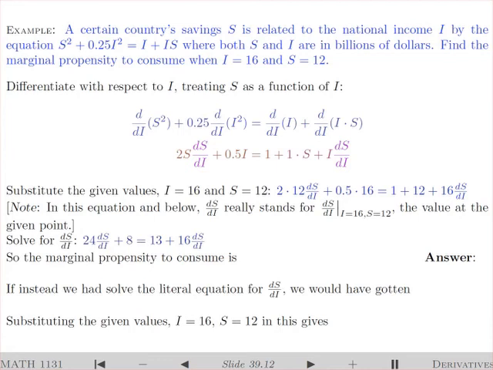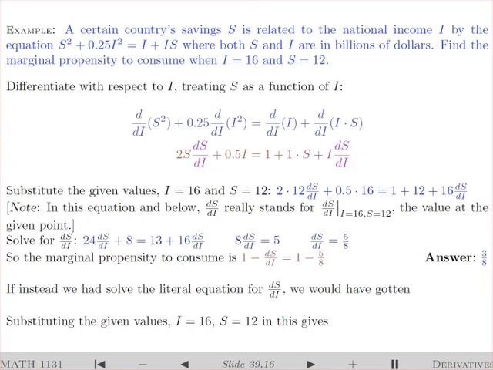And then subtract 8 from both sides, which gives me 13 minus 8 or 5 on the right. So ds over dI at the point I equals 16, S equals 12 is 5 over 8. And the marginal propensity to consume is 1 minus the marginal propensity to save. So that's 1 minus 5 over 8, which is 3 over 8.